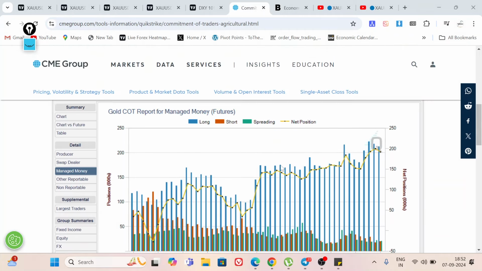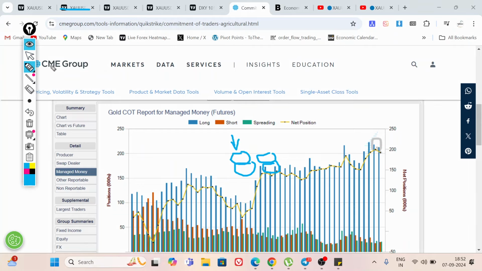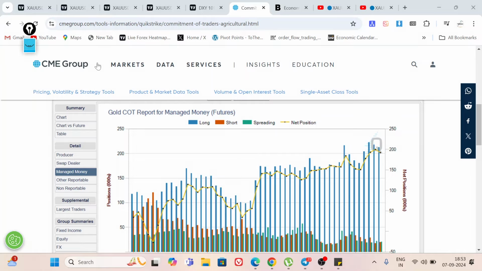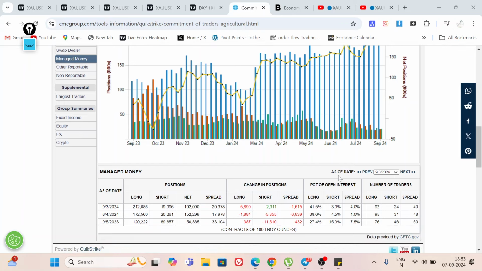If you remember the previous week's analysis video, you know that the long positions were at their highest point for a 1 year period, and some cooling down is currently happening on this managed money chart. So yes, it is currently going down, so we have to watch these positions carefully.